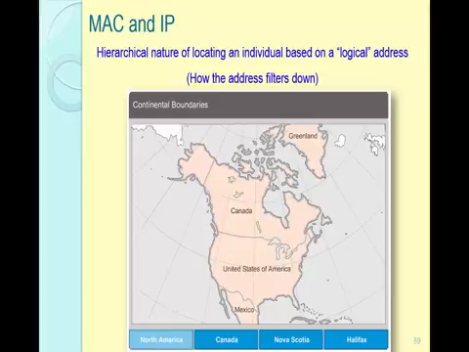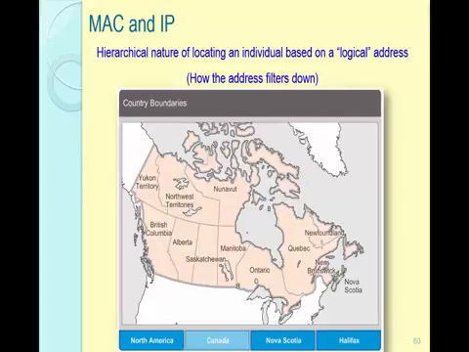So for example, just like the mail analogy, let's say someone sends a mail from here within the US to someone in Canada. All the mail people will care about is that this needs to be forwarded to Canada. They don't look any closer at it. But once it makes it to Canada, maybe a main hub located here will say, okay, to which province is it going?